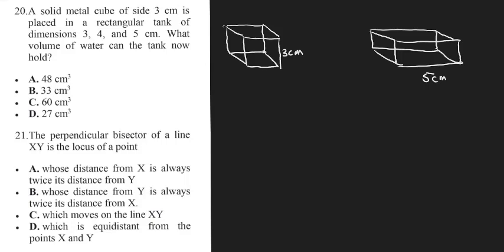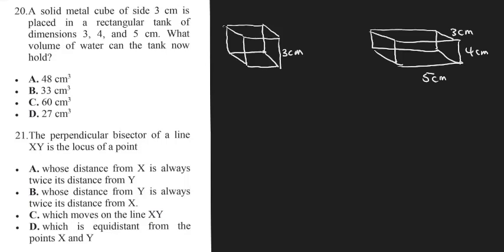Then this one here might be 4 centimeters, and this one here might be 3 centimeters. Let's assume, but that's the meaning. Okay, so the question says a solid metal cube of 3 centimeters is placed in a rectangular tank. So this cube was placed inside this. Can you see? Since it's placed inside, what volume of water can the tank now hold?